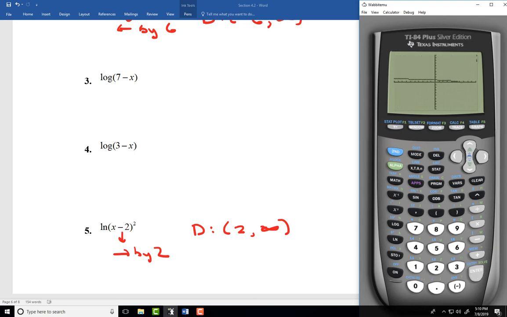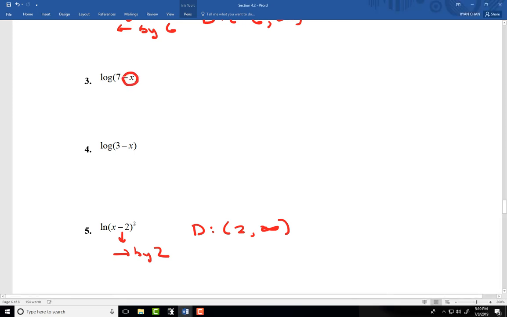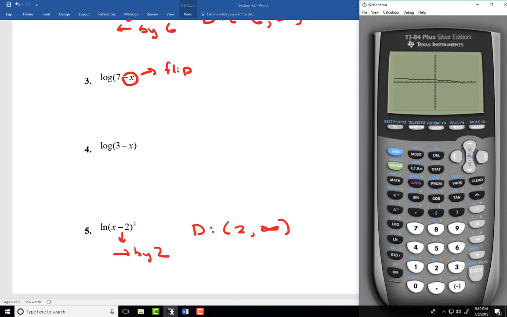Notice it actually goes from left to right, because if you have a negative x here, what happens is it actually does a flip. Okay? And then you're adding 7, and you're going to the right.